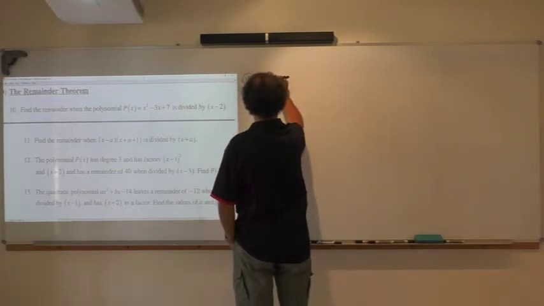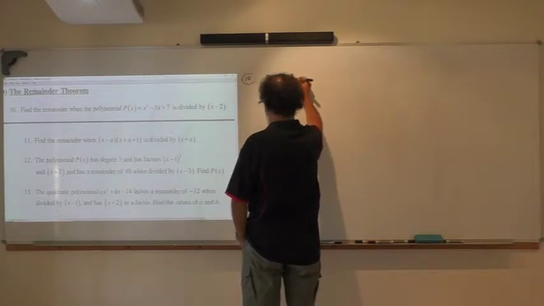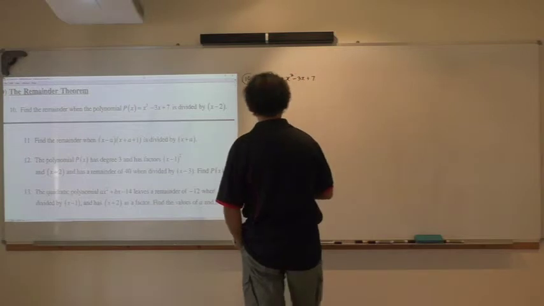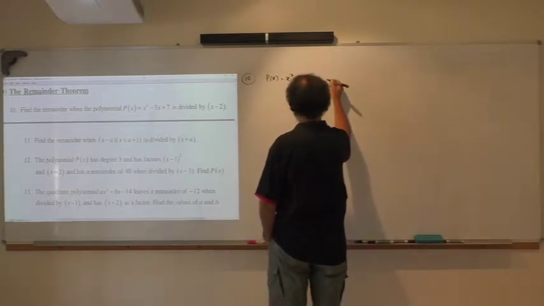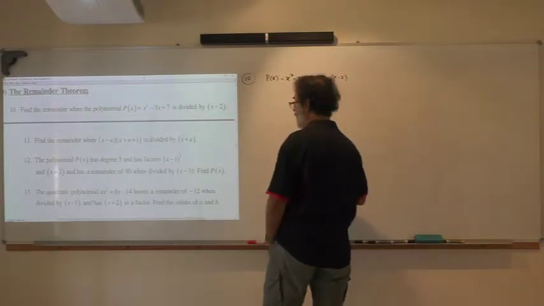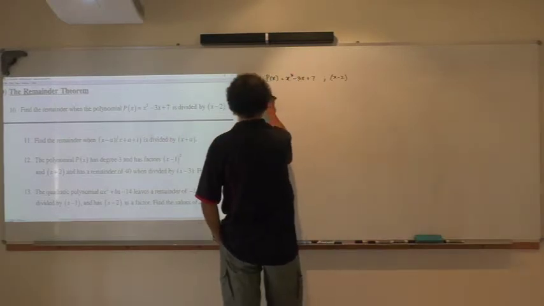The polynomial p of x is equal to x cubed minus 3x plus 7, and we are going to divide that by x minus 2. But what we want is the remainder.